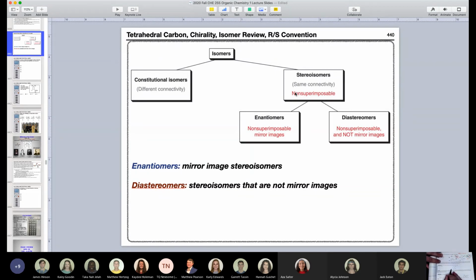So I'm going to redraw this, and I'm going to put some stereochemistry in. So for this stereoisomer here, what is the RS designation of the carbon I'm pointing at right now?